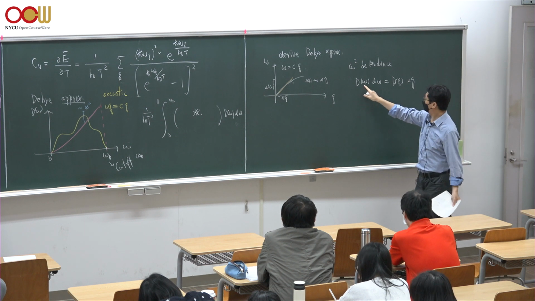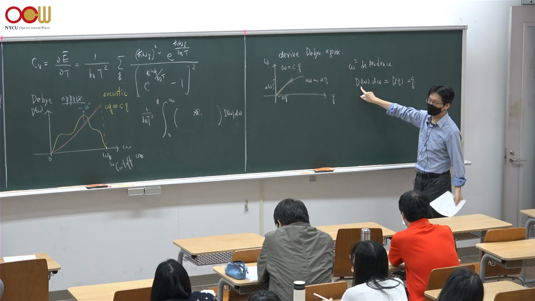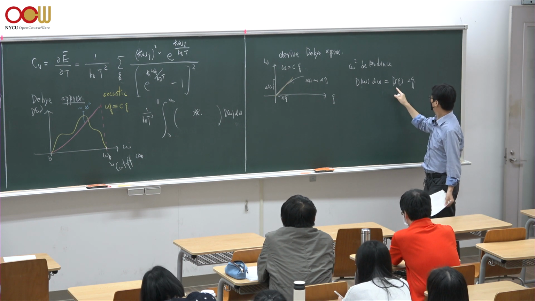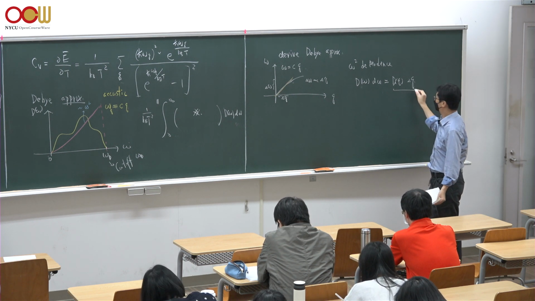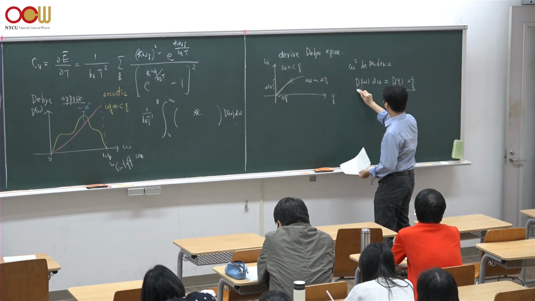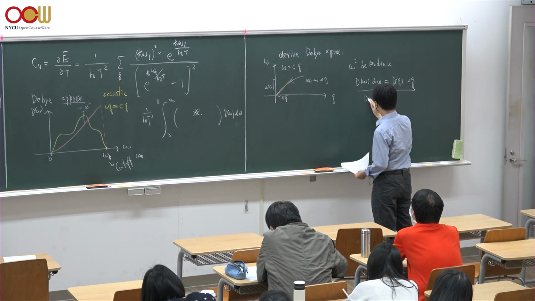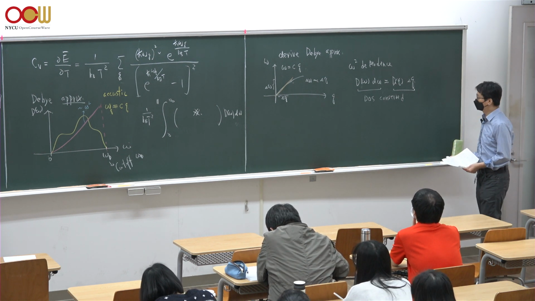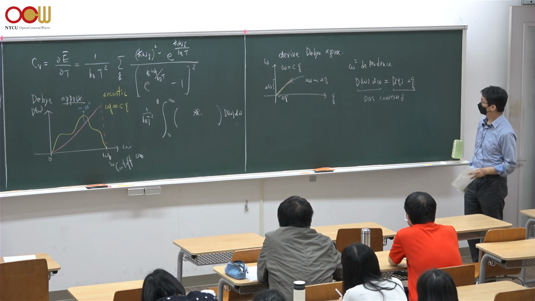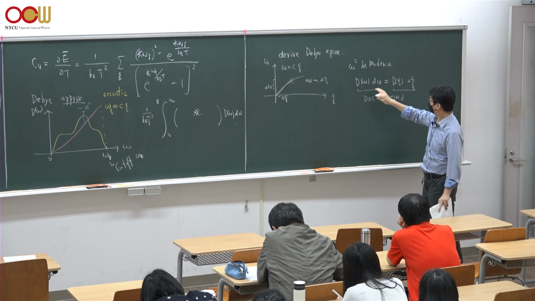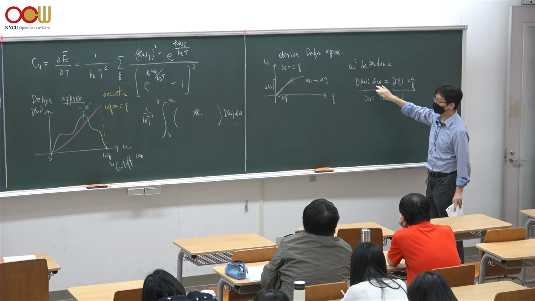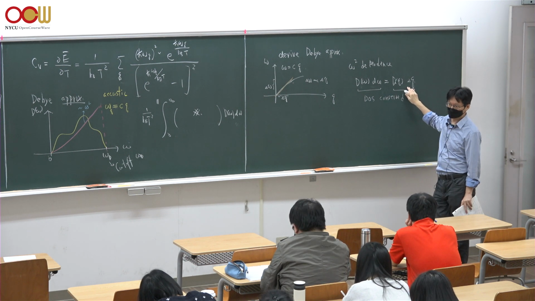If you multiply d omega times D of omega, the density of states, it should be identical to the same summation done in q space. In other words, the density of states should be conserved. That's the essence of a change of variables. So the total density of states in this thin shell is the same regardless of whether you calculate it in terms of omega variables or in terms of q variables.